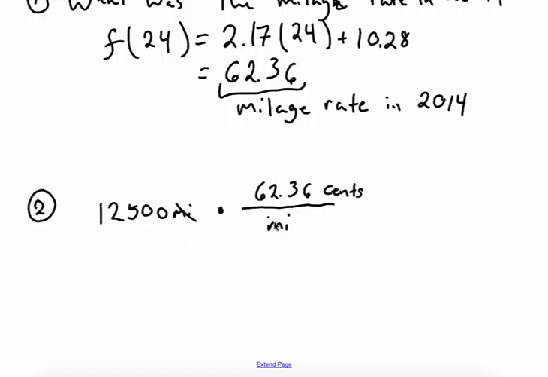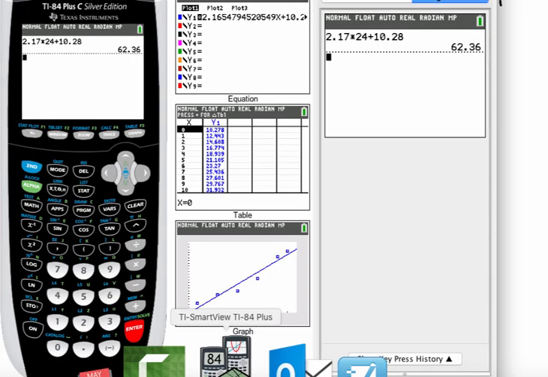So my miles cancel and I'll just get units of cents. So I need to multiply 12,500 times 62.36. So I'll go here.